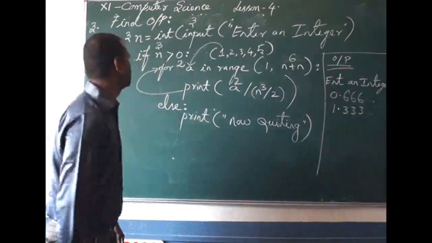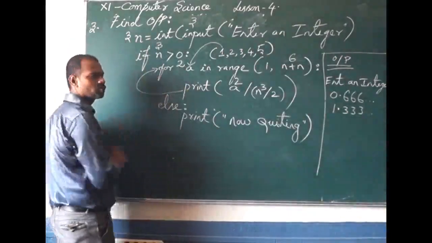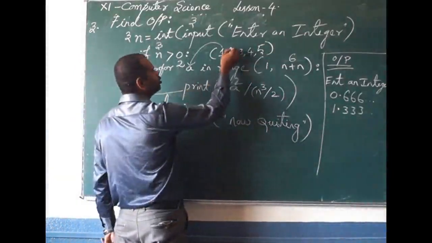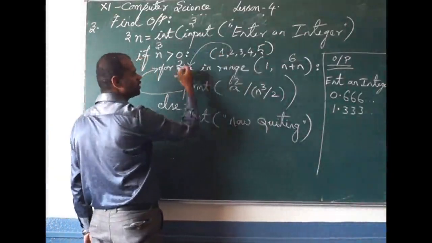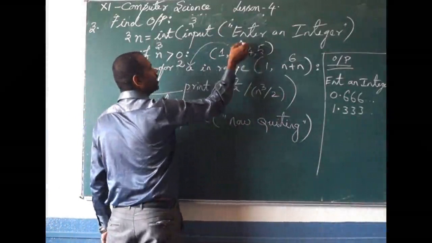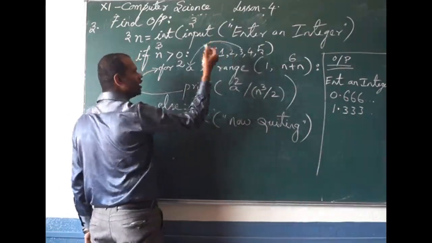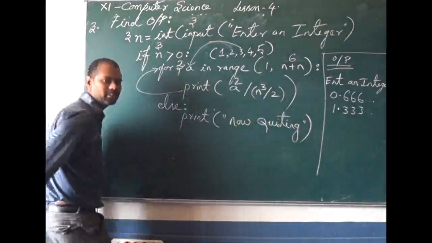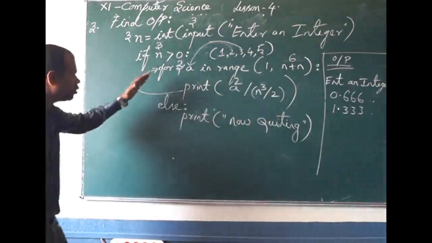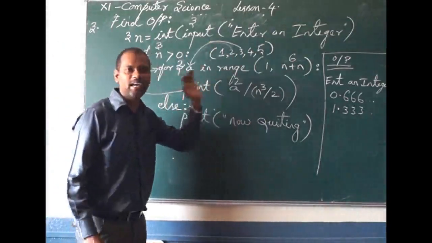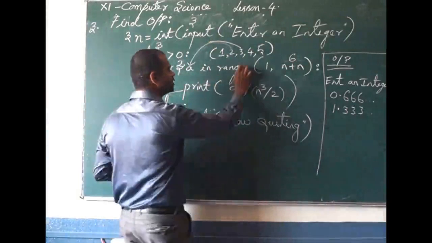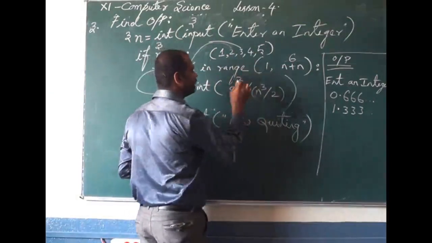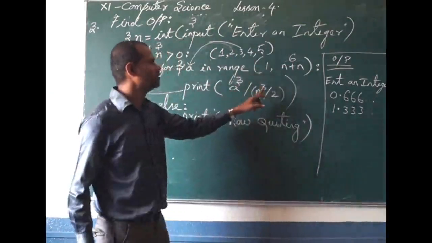Now listen, it will go to the next round. 1 is finished, 2 is finished. Now A will receive the value 3. So now print above the A, you have to write 3 by 2.